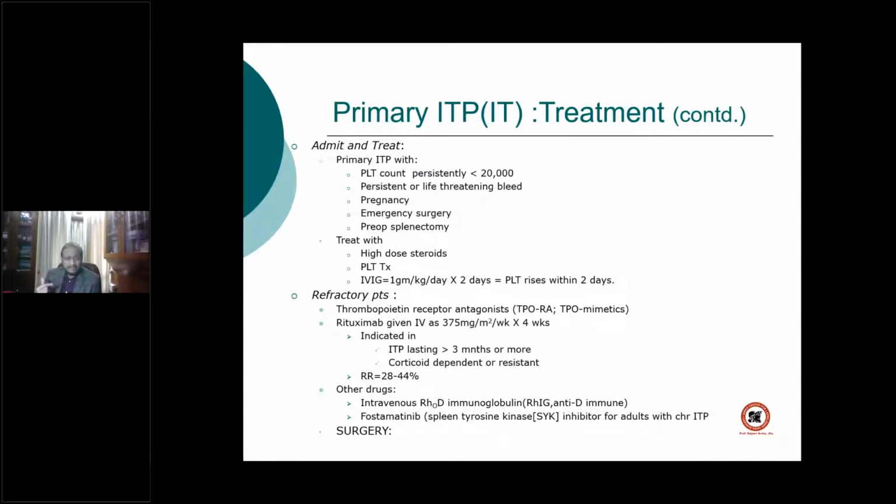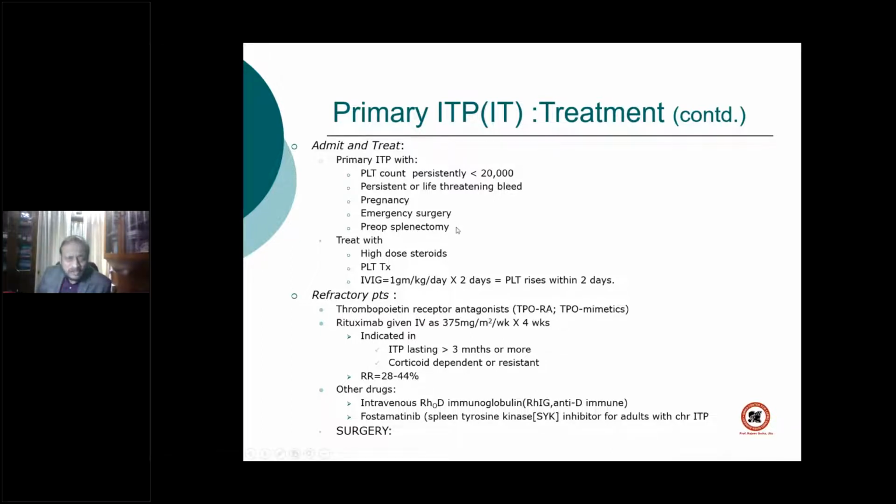Persistent or life-threatening bleed. Pregnant females. Emergency surgery required, I just now told you, and preoperative splenectomy. Now, in all these scenarios, this becomes an important patient where more urgent and emergent therapy is required. So you have to admit and treat these patients. So this becomes an inpatient as opposed to the outpatient last time, just giving steroid therapy.